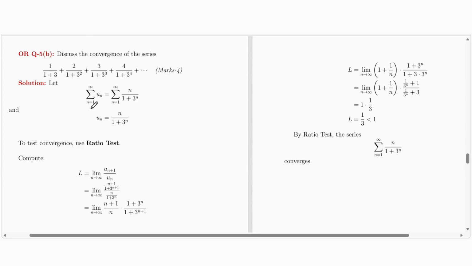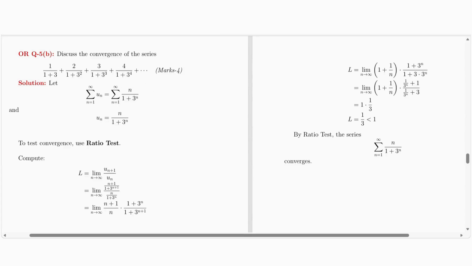Let the given series be written as the sum from n equals 1 to infinity of un. Now what is the general form? Observe the numerator and denominator. In the numerator we have 1, 2, 3, 4 and so on, so write n in the numerator, where n varies from 1 to infinity.